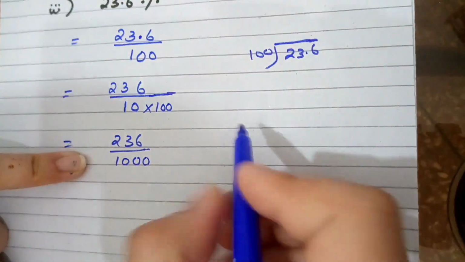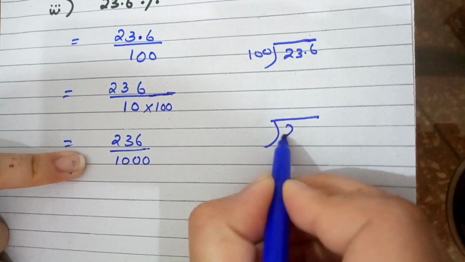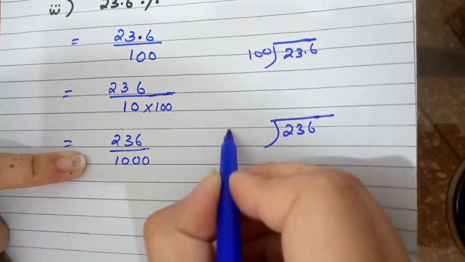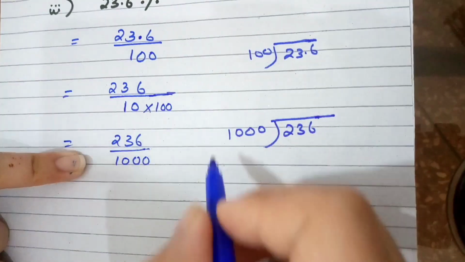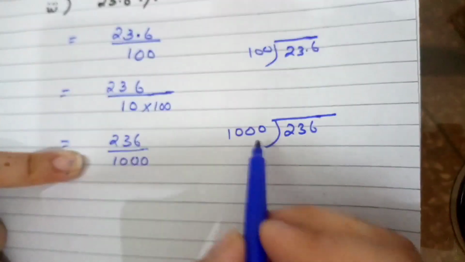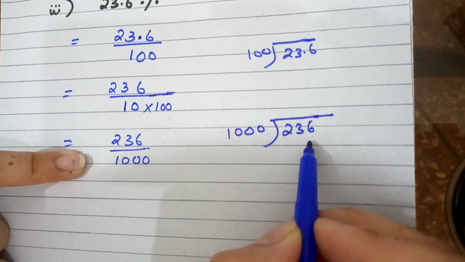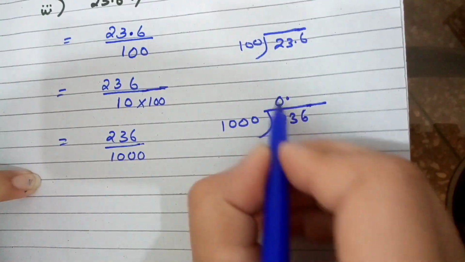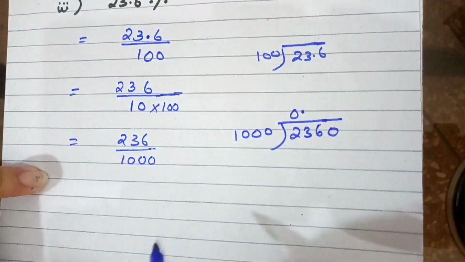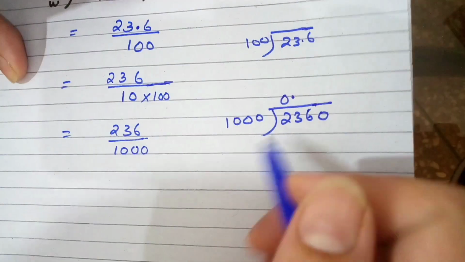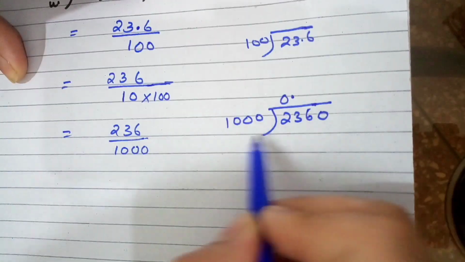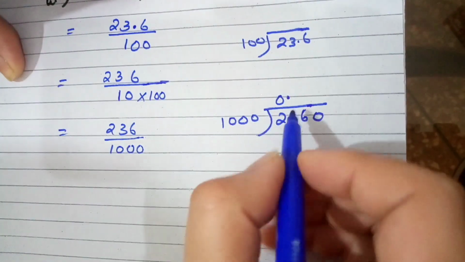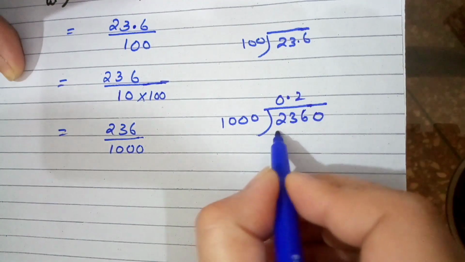I'm using this one. So we divide 236 by 1000. The divisor is larger than the dividend, so we put a decimal point here and put a 0 with the term. Now we have 4 terms, so now we can solve it. 1000 twos are 2000.